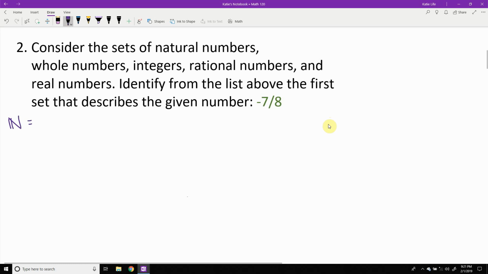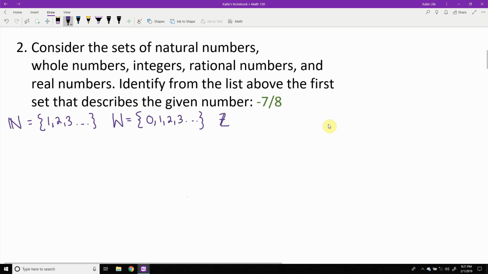This is simply the set of counting numbers, so 1, 2, 3, and so forth. We also have the set of whole numbers, which we find by just adding one element to the set of natural numbers, and that element is the number 0. So if we add 0 to the set of counting numbers, we get the set of whole numbers.